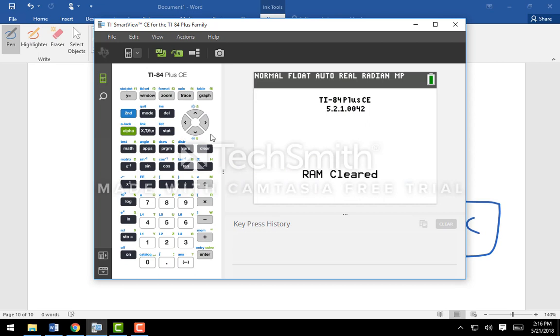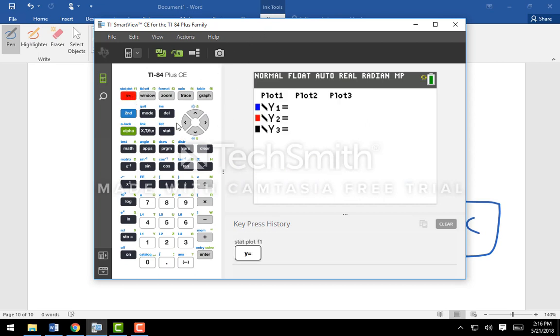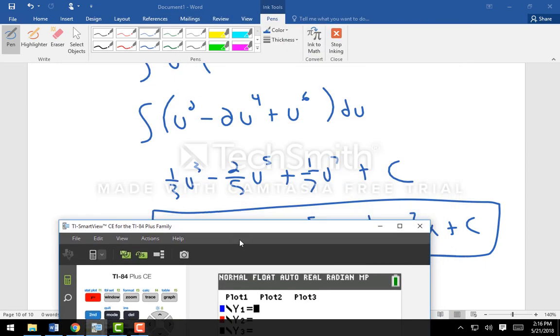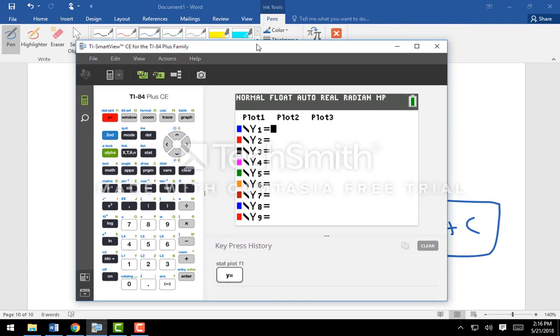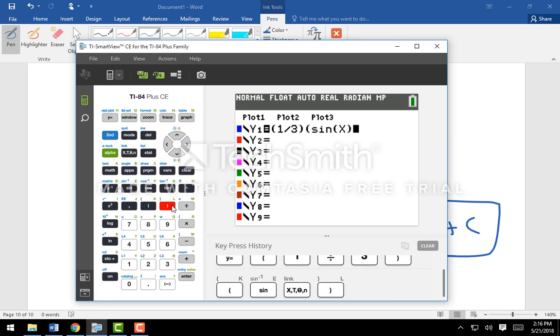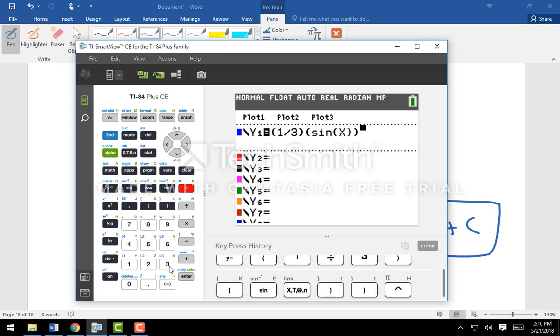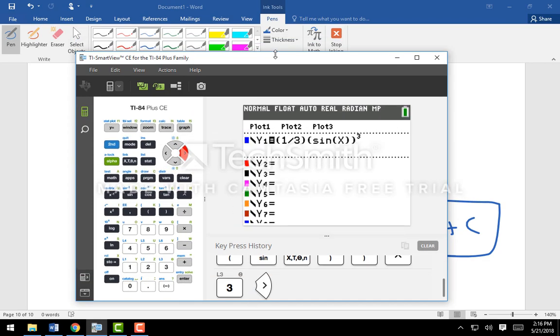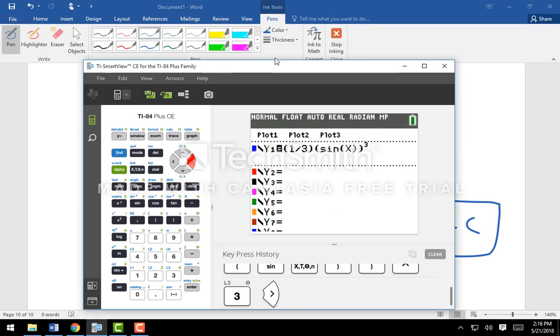So let me pull up my calculator. We talked about this in the video for 7.1. What I'm going to do is in y1, I'm going to type in my antiderivative. So I have 1/3 sine cubed. Keep in mind, when I'm doing a trig function to a power, I have to parenthesize the function. So I'm going to do sine of x, and then I have to raise that to the third power. And then what did I have? Minus 2/5 sine to the fifth.